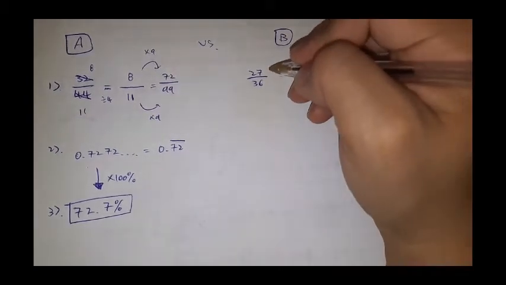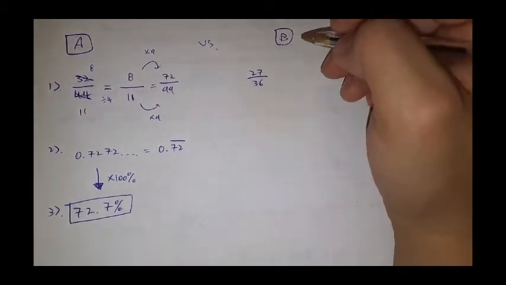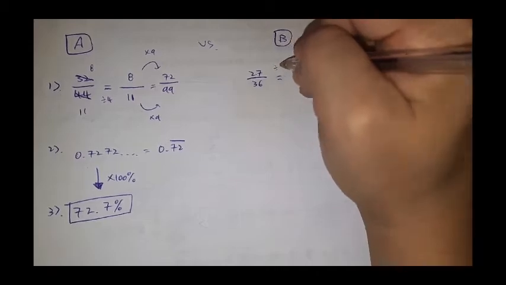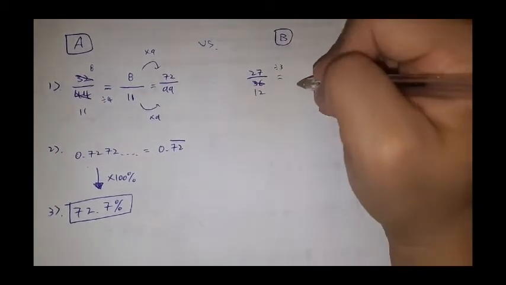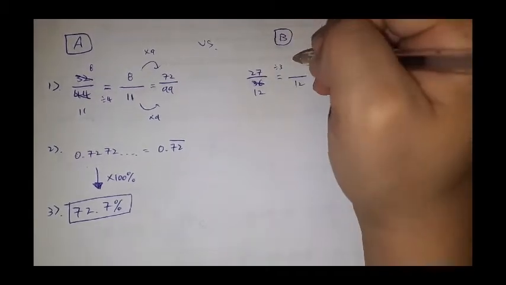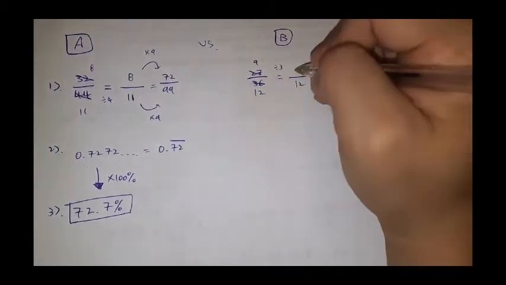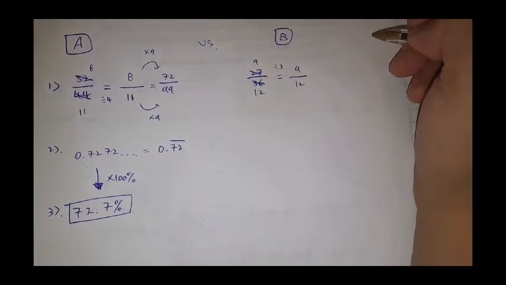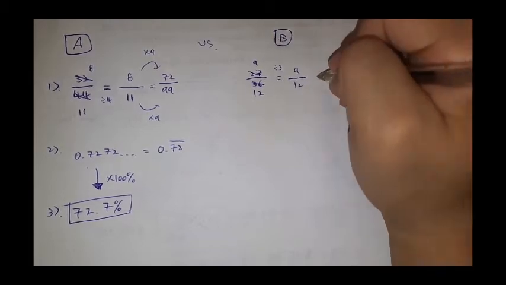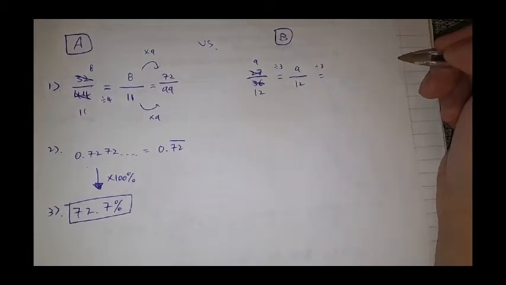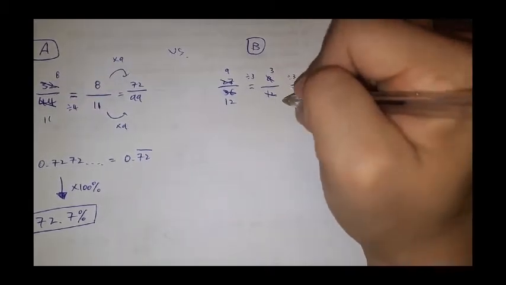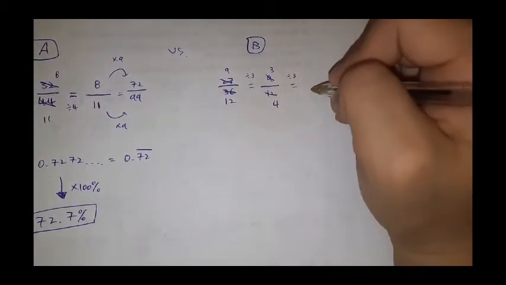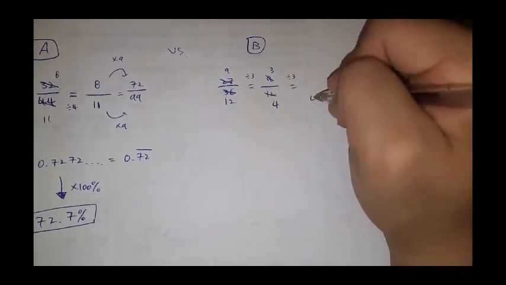And when it comes to B, we need to do basically the same thing. As you may notice, this time we have to simplify in a different way. Why don't we divide it by 3? So 36 divided by 3 gives you 12, and 27 divided by 3 gives you 9. So 9 over 12. Can we go any further? Yes, we can. Do the same thing: 9 divided by 3 gives me 3, 12 divided by 3 gives me 4.